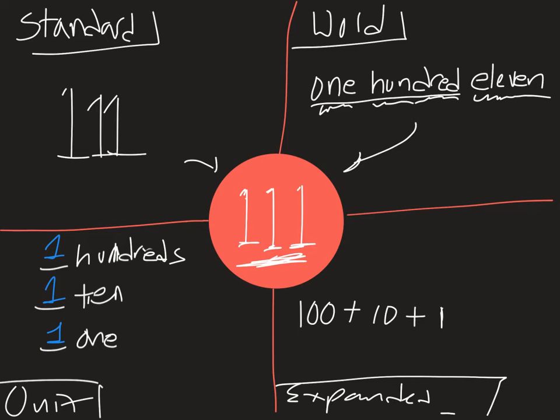So in expanded form, 111 looks like 100 plus 10 plus 1. And that's it. That's as simple as it is. It's taking what we did with unit form, which is recognize what's in each place value, and then create a number sentence from it. So this is how you can represent 111 4 different ways.